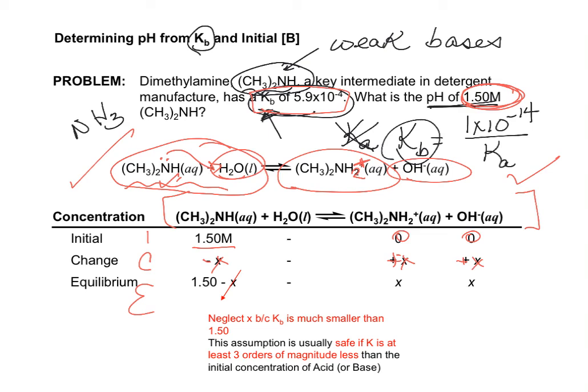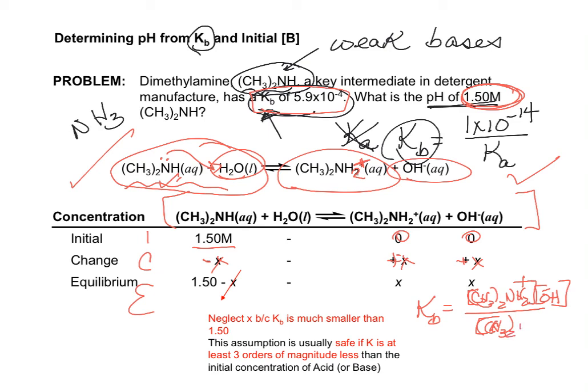And now let's set up the expression for Kb. Okay, so concentration of (CH3)2NH2+ times concentration of hydroxide divided by the concentration of the original weak base.